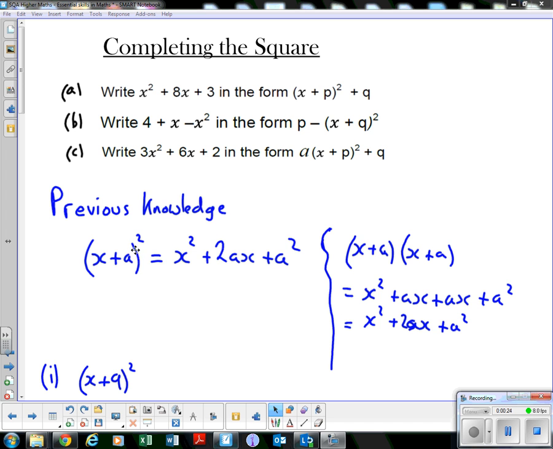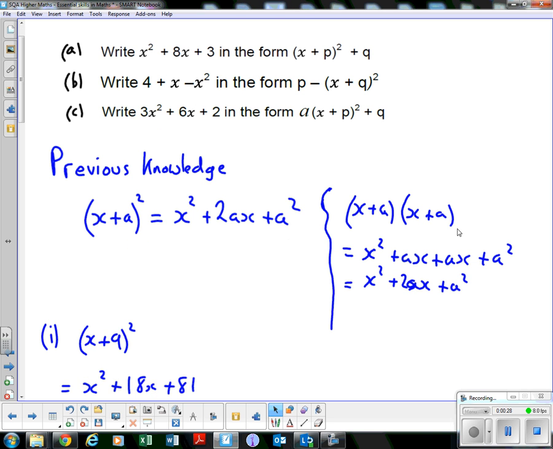expanding a bracket squared. So what we should know from exercise 2 and from our National 5 work is, if we have a bracket squared, we can essentially square the first term, square the last term, and multiply the two terms together and double them. So we'll always get x squared plus 2ax plus a squared when expanding (x plus a) squared.